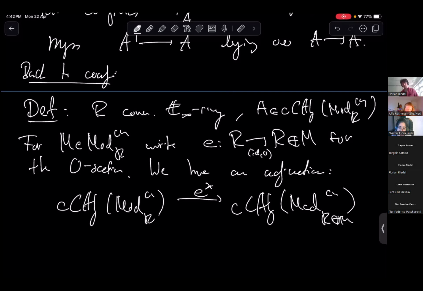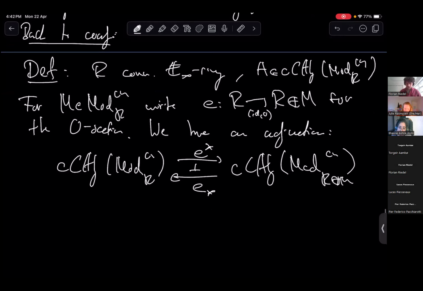In some sense, this is the trivial lift of R to a coalgebra over the square zero extension. And we have an adjunction back down, which is this mysterious right adjoint, which should be thought of as Weil restriction.